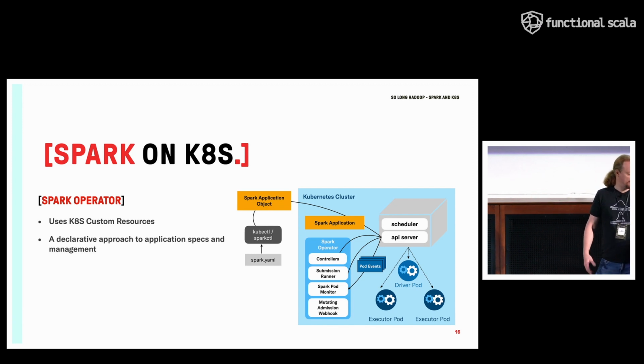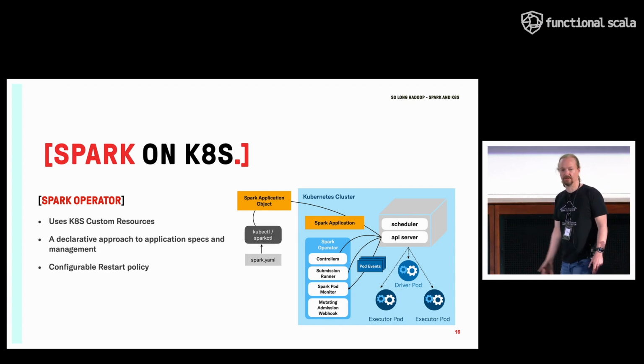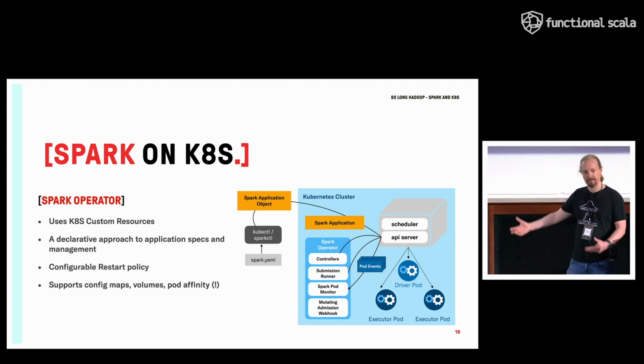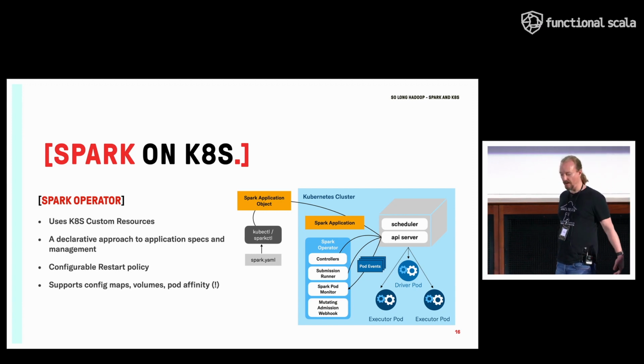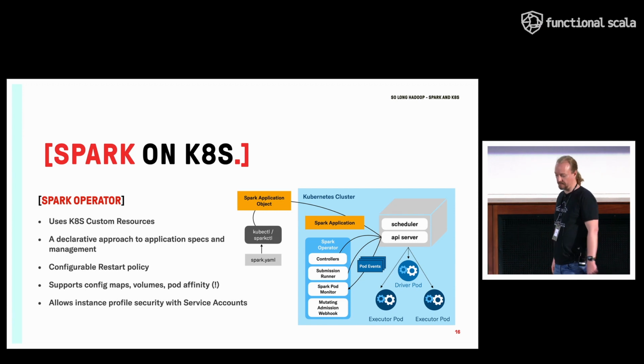You have a fully declarative approach to application specs, right? You can configure your own restart policy instead of just basically using what is the default in Spark. And you can also map volumes, configure pod affinity, et cetera. So you have full control over the runtime behavior of your application.